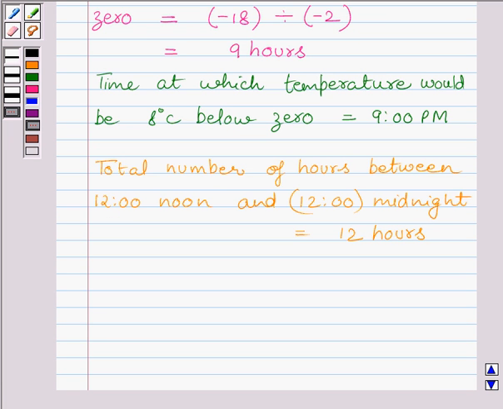We know that temperature is decreasing at the rate of 2 degrees Celsius per hour after 12 noon till midnight.